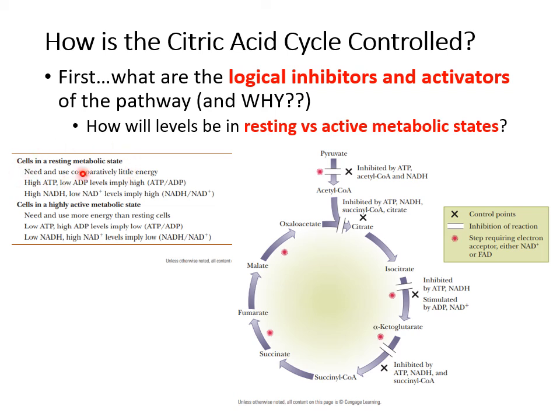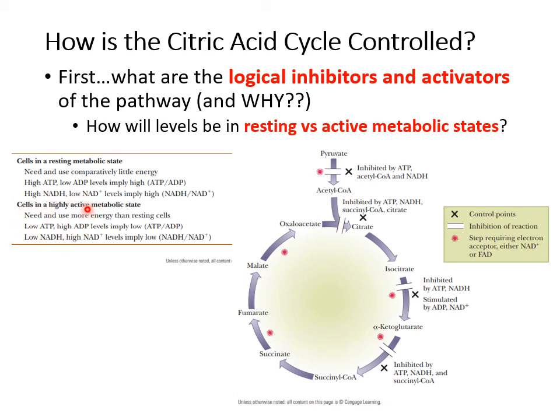If a cell is in the resting state, it already has plenty of ATP and NADH available. So in this resting metabolic state, you would be inhibiting the citric acid cycle, because whenever you have a lot of ATP or a lot of NADH, you are inhibiting the cycle. You don't need to waste your energy making more.